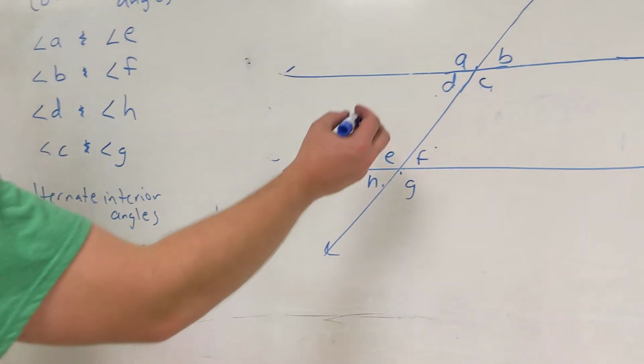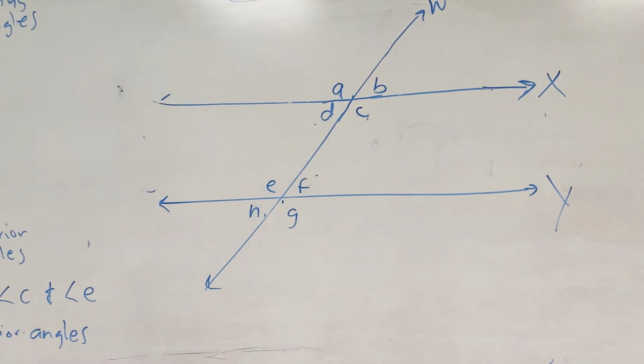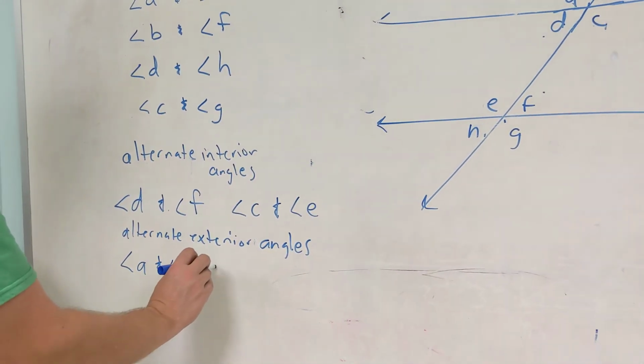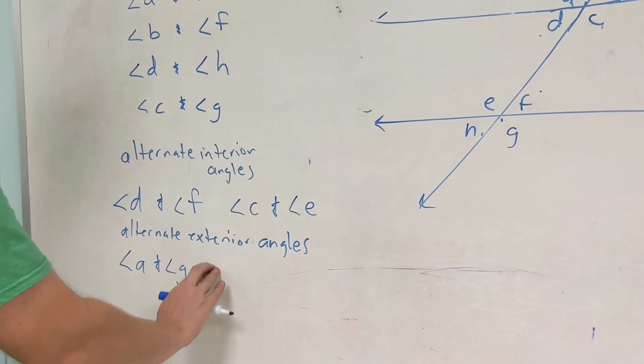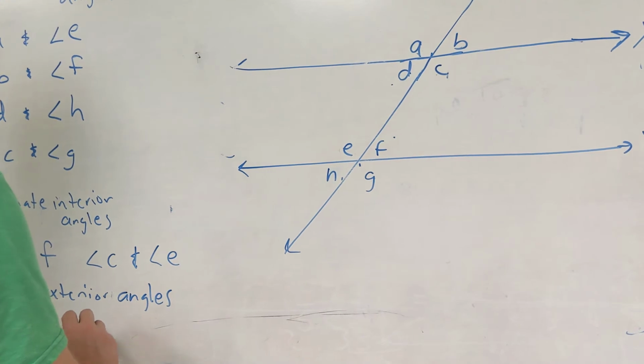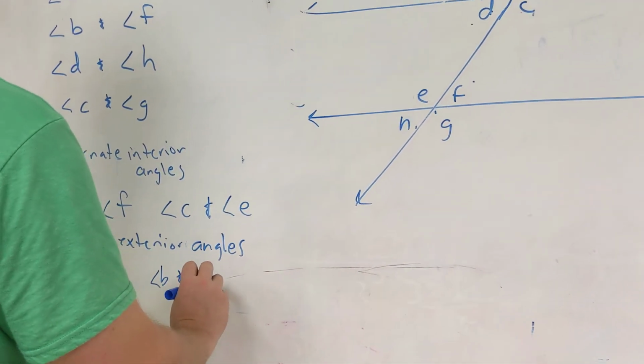Here we've got angle A and angle G. And then we've got angle B and angle H. Okay?